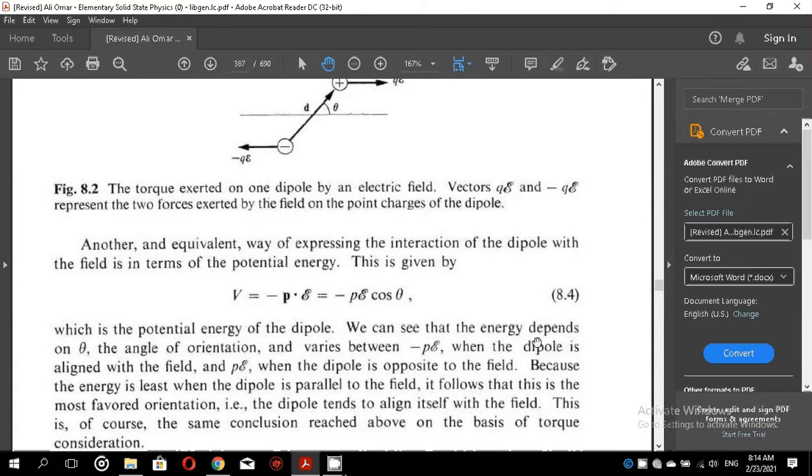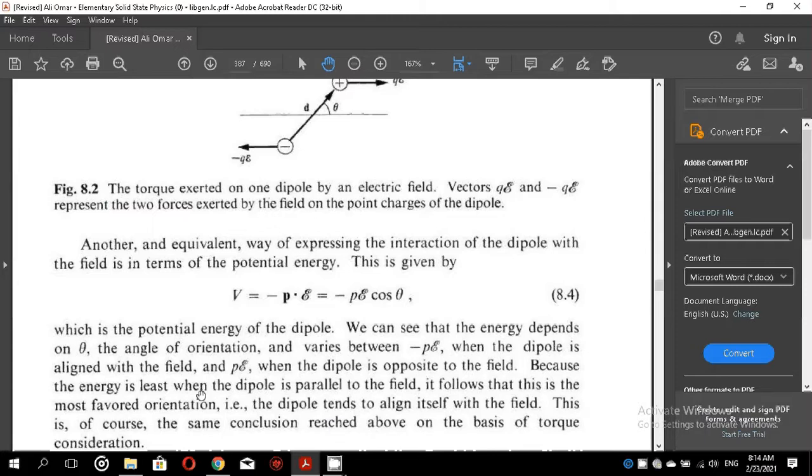We can see that the energy depends on theta, the angle of orientation, and varies between minus PE when the dipole is aligned with the field and theta is 0, and plus PE when the dipole is opposite to the field and theta is 180 degrees.